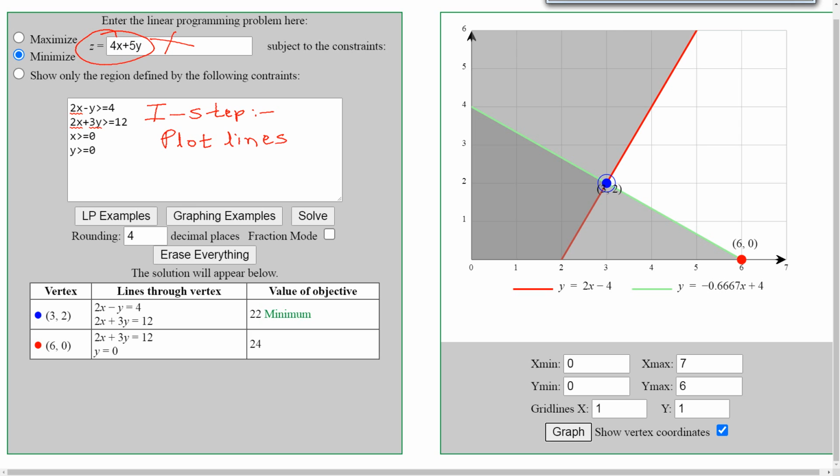Secondly, the lines corresponding to these constraints x is equal to 0 and y is equal to 0 are already plotted.